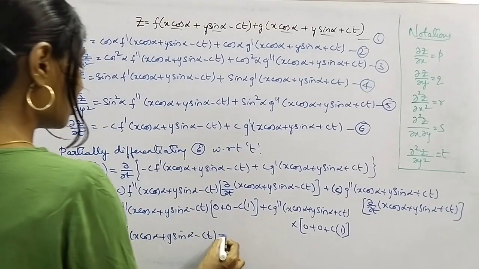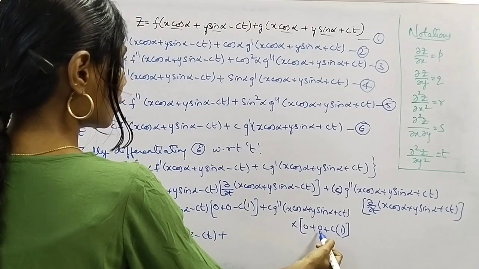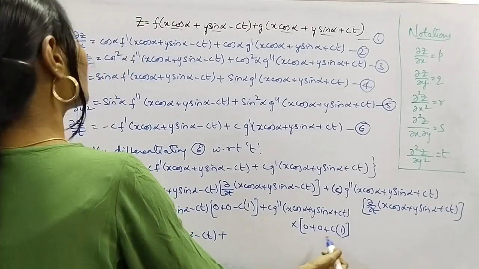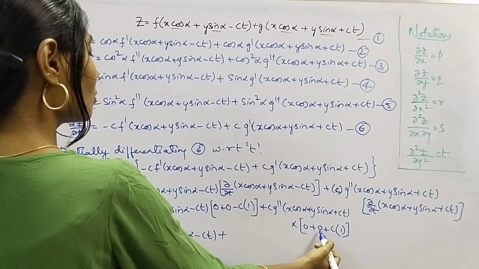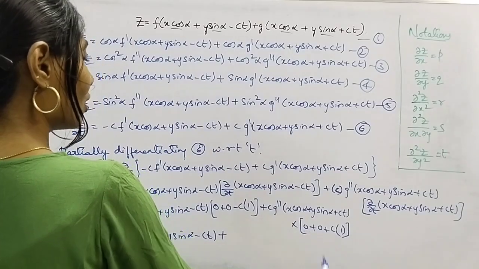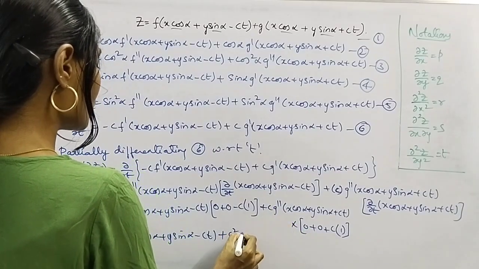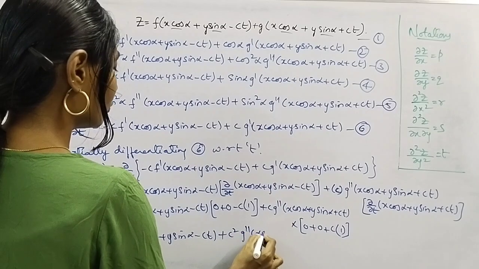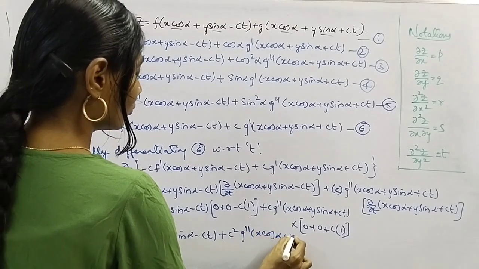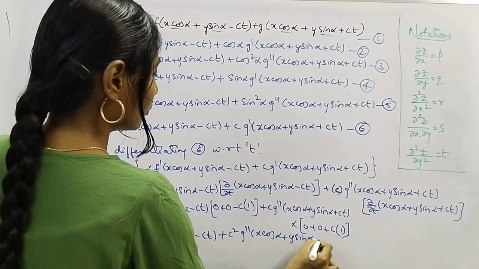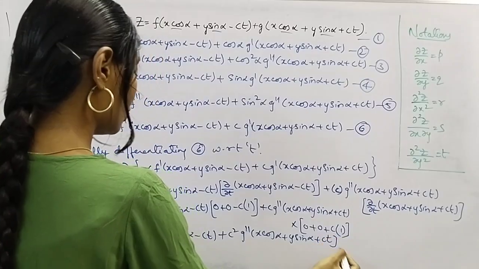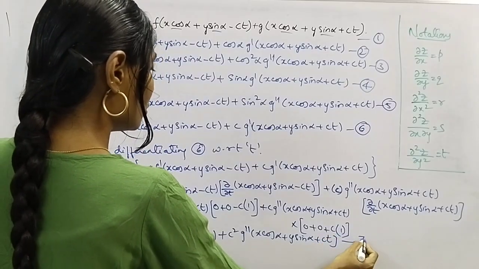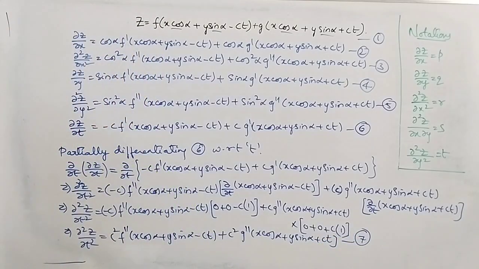Plus c into 1, c, c into 0 is 0, c into 1 is c, c plus 0 is c. C into c, c square. You'll get c² g double dash. So this is our equation number 7.